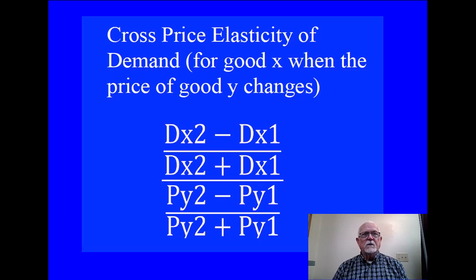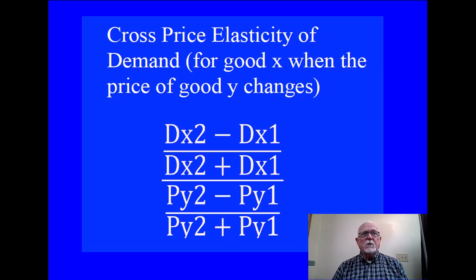So this is the difference in the two different demands and the difference in the price. So what happens here? Well, again, sign matters. We don't take the absolute value. A positive cross elasticity of demand means that the goods are substitutes.